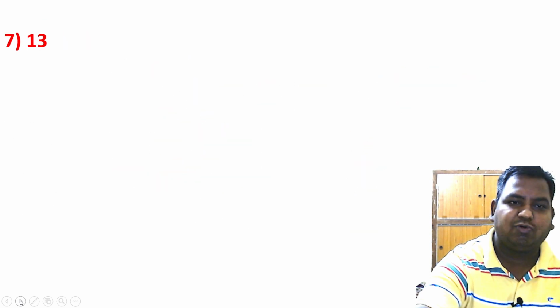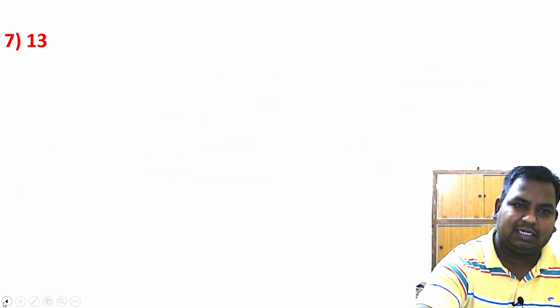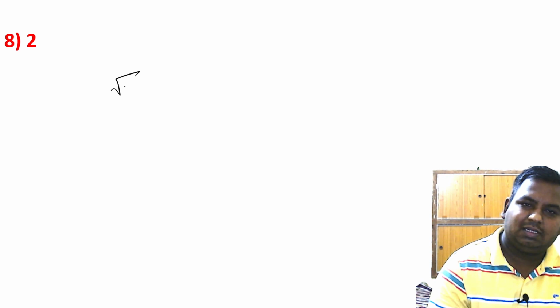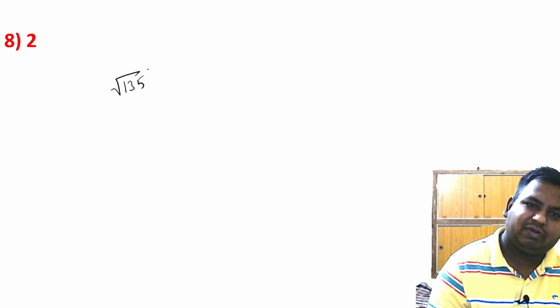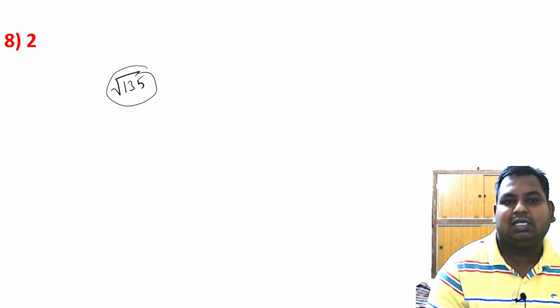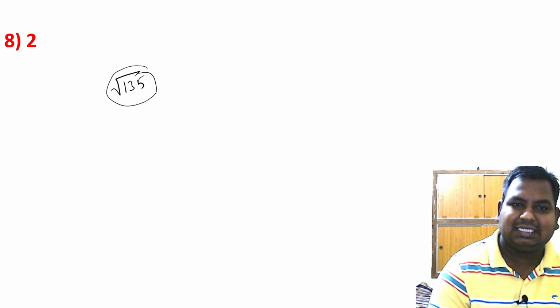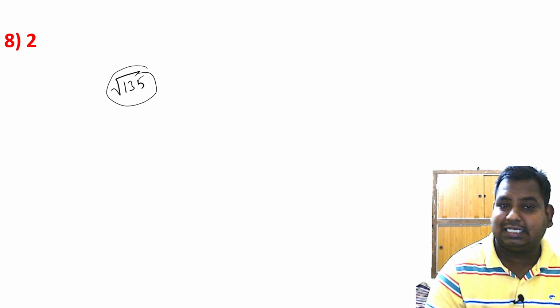How to find the square root of 13, of 2, of 3, how to find the square root of a number which is not a perfect square? For example, if I give you a random number like 135, how to find its square root? All these things we'll discuss in the next part, in the next episode.